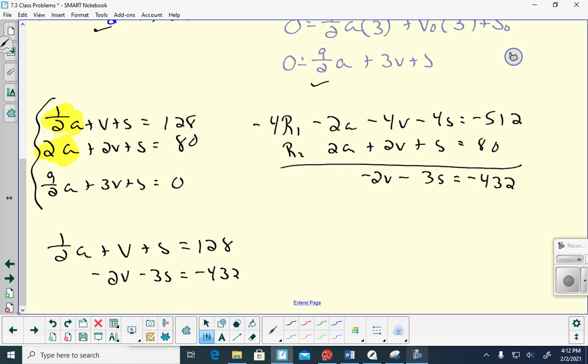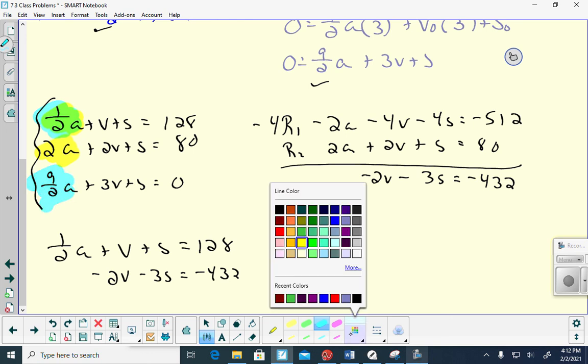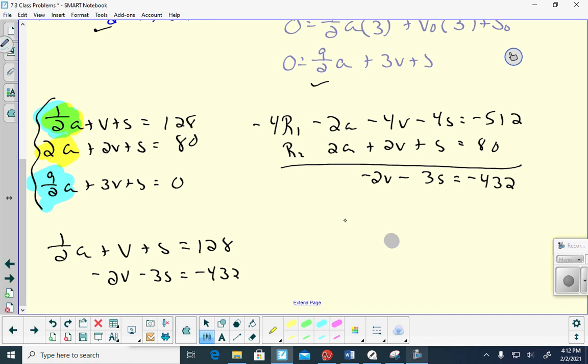Now I'm going to ask myself, what do I have to multiply 1/2 by to eliminate 9 halves? And I decide I have to multiply by -9. So I'm going to do row 1 times -9. And when I do that, I'm going to have -9 halves a minus 9v minus 9s.